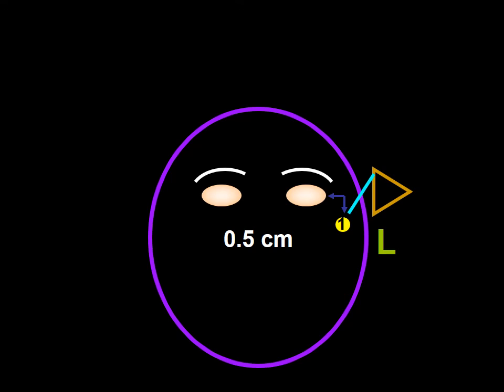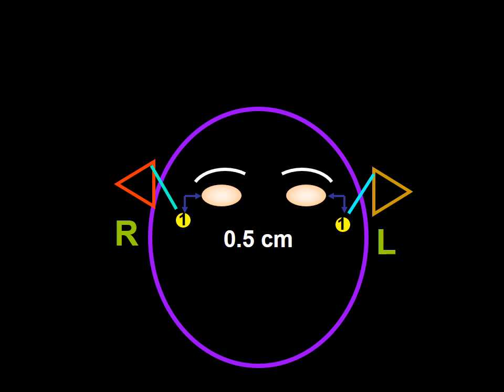In this method, the left eye electrode is placed 0.5 centimeters lateral and below the outer canthus, as depicted in this figure, and plugged into the left side amplifier at G1.